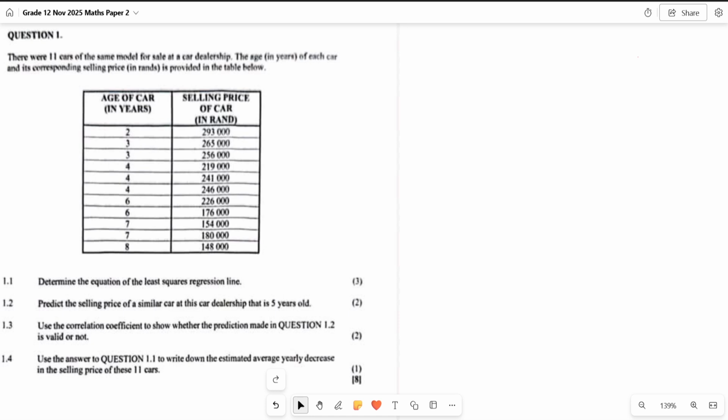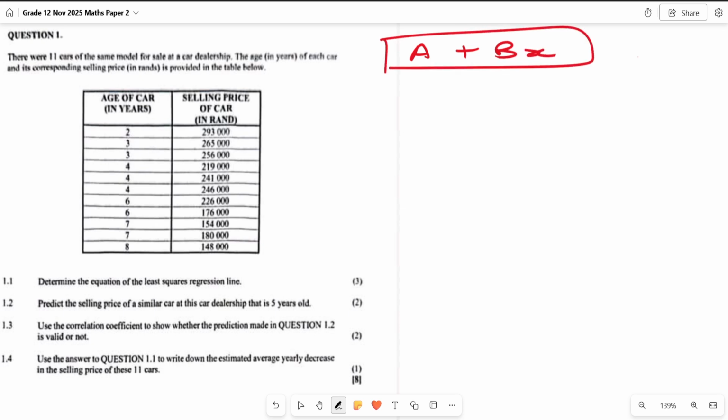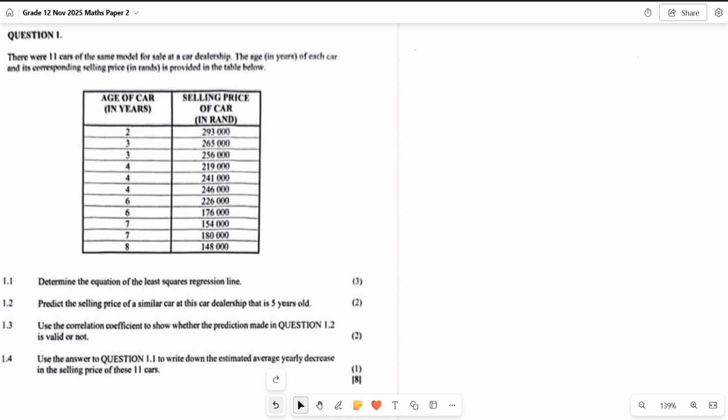But I think you just press mode, press button number two, press button number two again, and then it's going to show you what you're looking for. What you're going to look for is the one that says a plus bx. This is the option that you will choose on your calculator. And don't tell me you went there without a calculator, because what were you thinking?